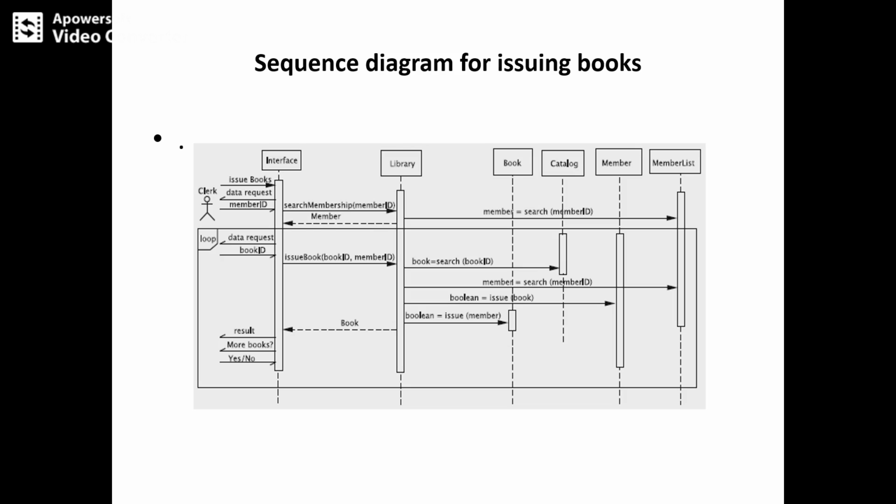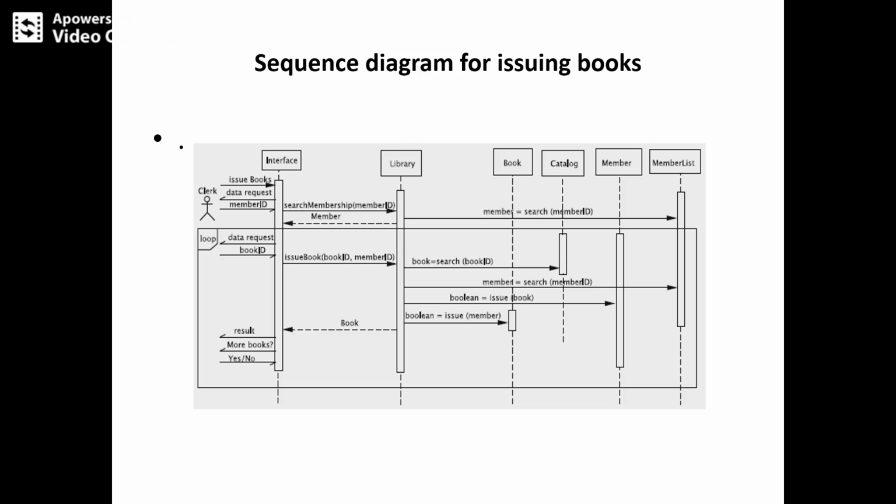This is searched in the main catalog class, because all the books are available in the catalog. Member equals search member ID is sent again to the member list. Then the return type is a boolean value.